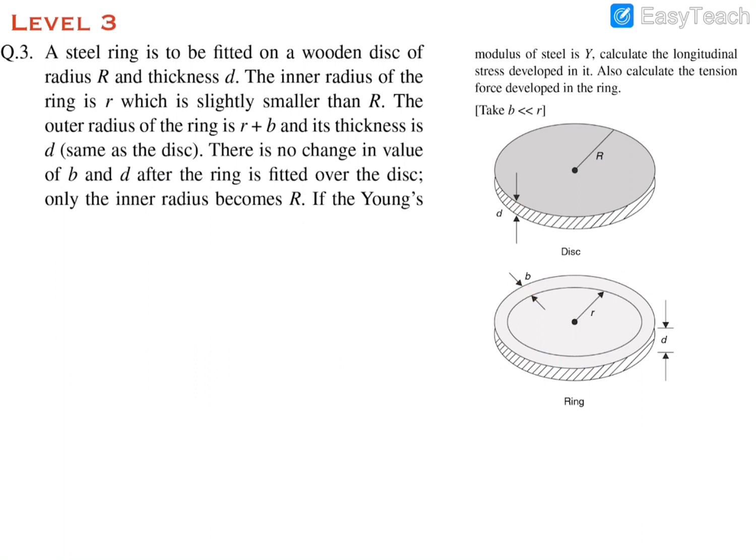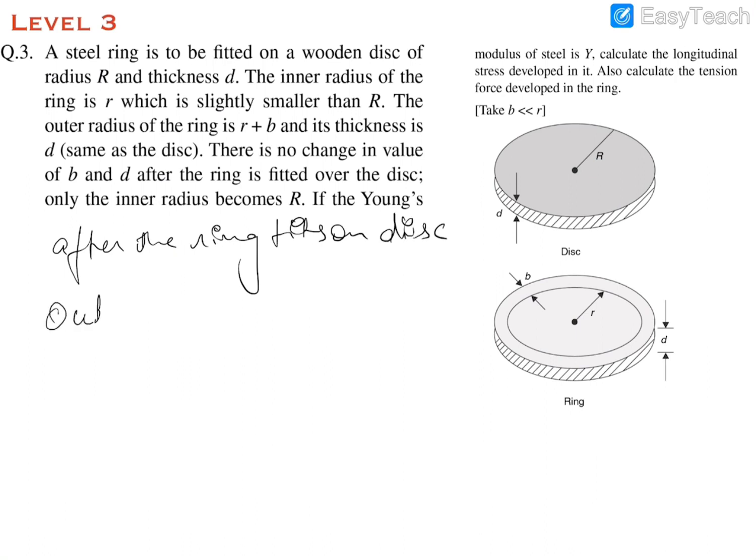Now you can imagine that after the ring fits on the disc, the inner radius, we can say, will be equal to capital R, because its inner surface would be the circumference of the disc, and the initial value of that inner radius was small r.